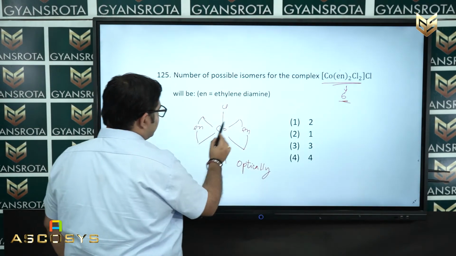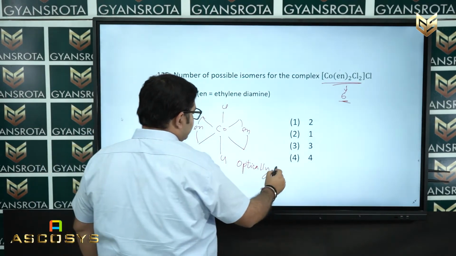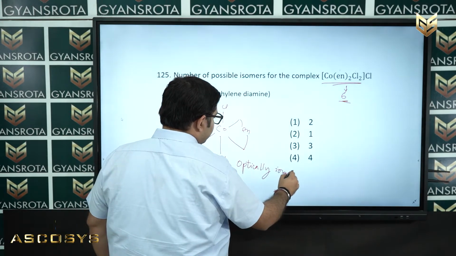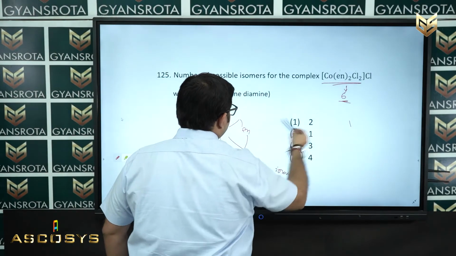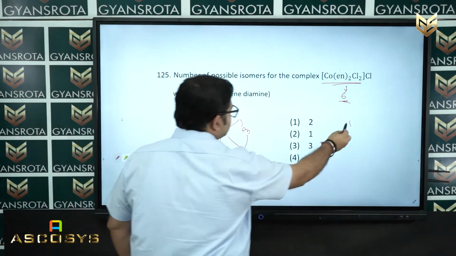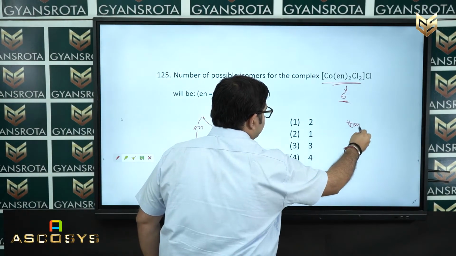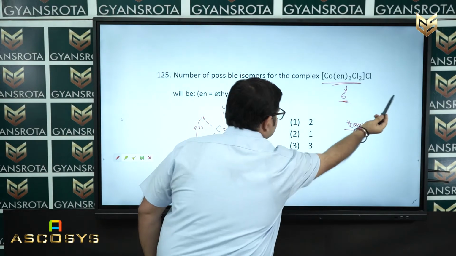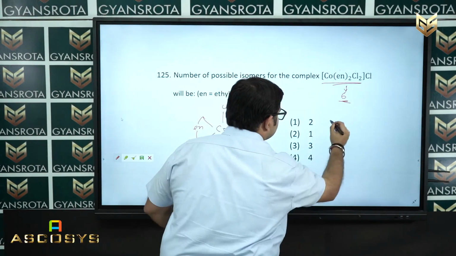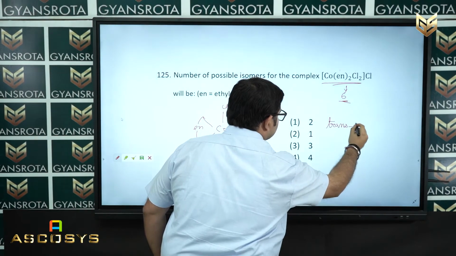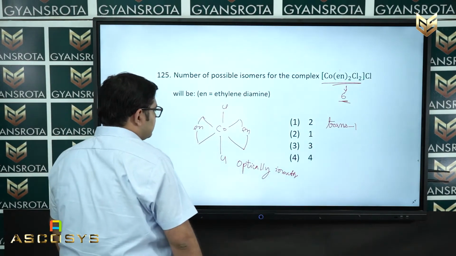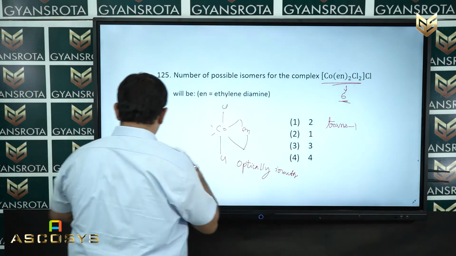This is the trans isomer, on the opposite side. So, this is optically inactive. So, this is also possible. So, one structure we are getting is the trans form. I have written it here as trans 1.